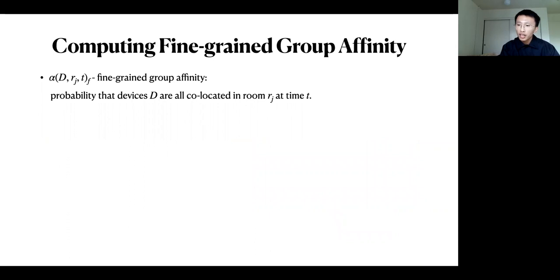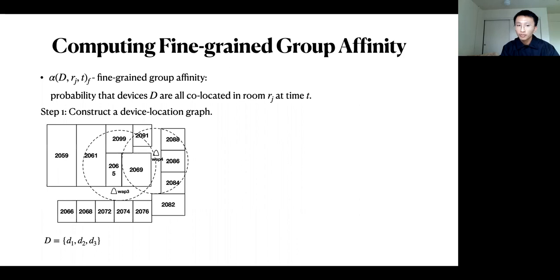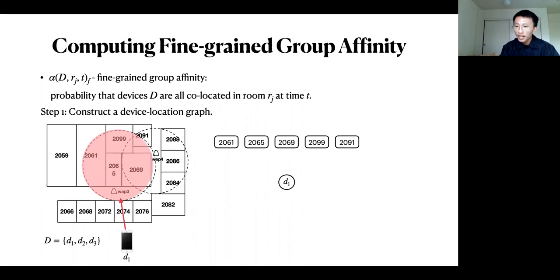Now we compute a more fine-grained group affinity, which is defined as the probability that a set of devices D are all co-located in room Rj at time t. So first, we construct a device location graph. In this example, we have 3 devices, D1, D2, D3. Given the region device D1 is in, we create room nodes and device nodes, and add edges between a device and its candidate room node.